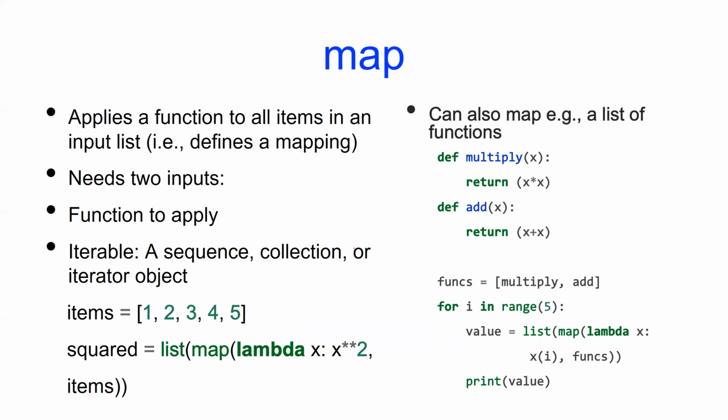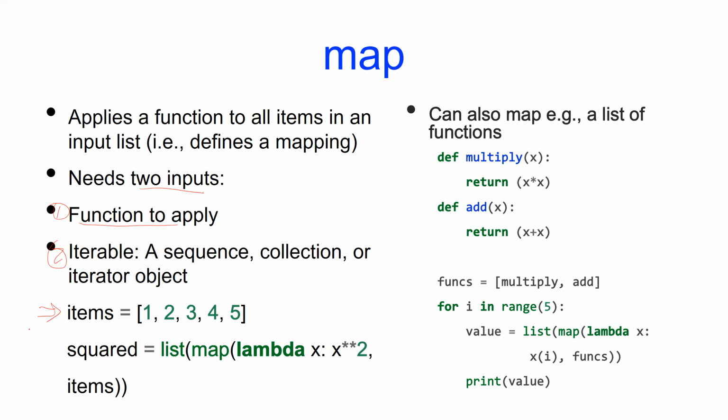So again, let's look at it. Again, it has two inputs. The first input is a function to apply. The second one is an iterable, a sequence, a collection, or object. For example, I have an iterable called item, which contains 1, 2, 3, 4, 5.